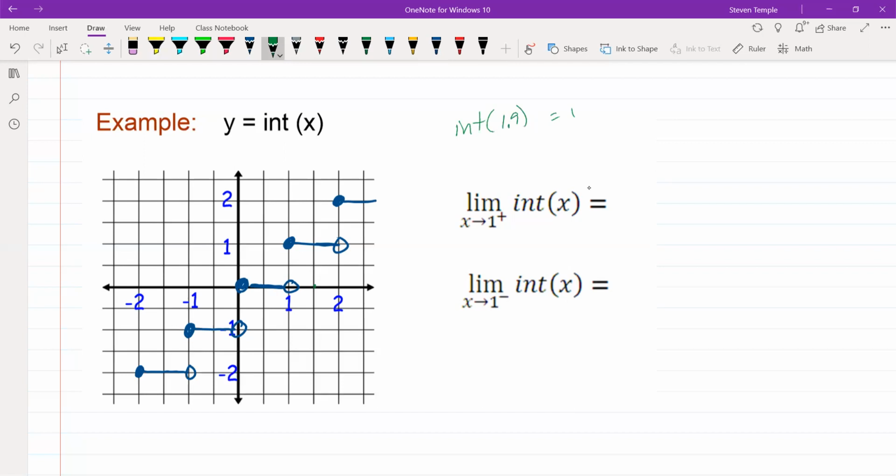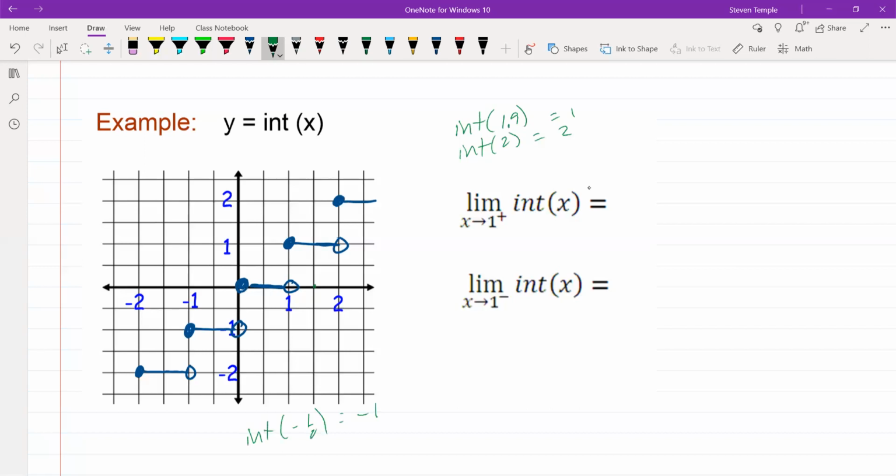The int function of 1.9999 will be a 1. Once you get to int of 2, that would be a 2. As a step function, it gets really confusing when you put in a negative value. For example, if I put in int of -0.5, that's going to equal -1.